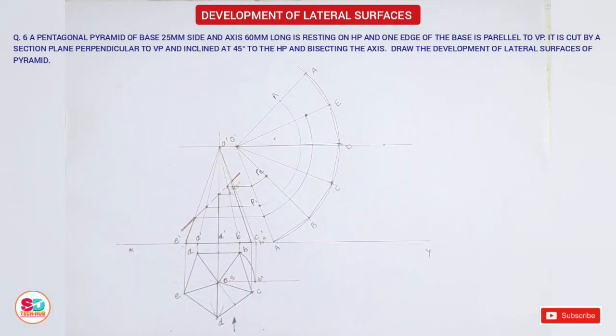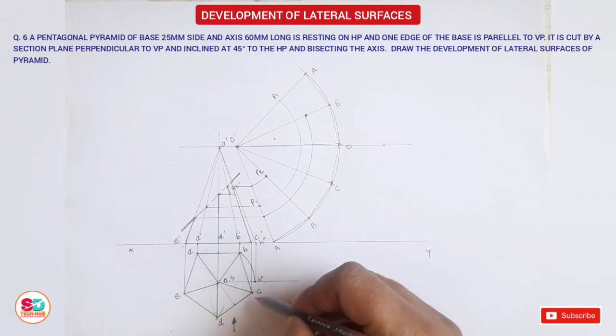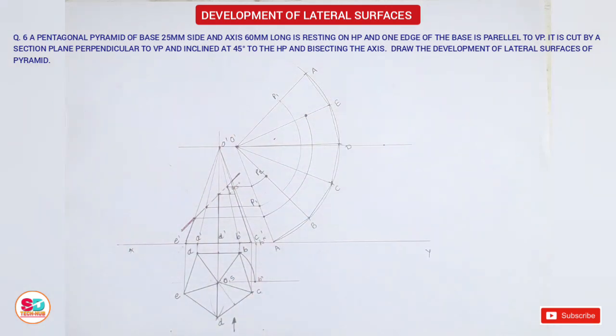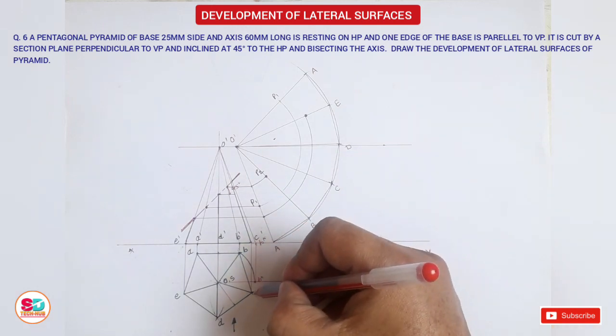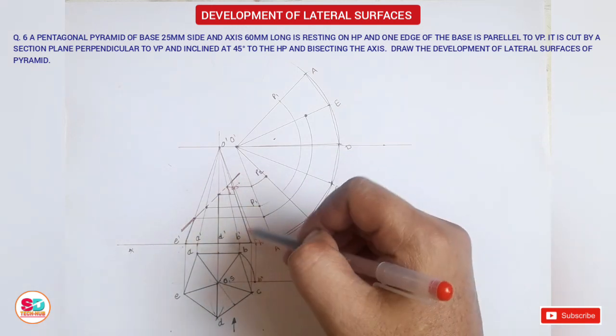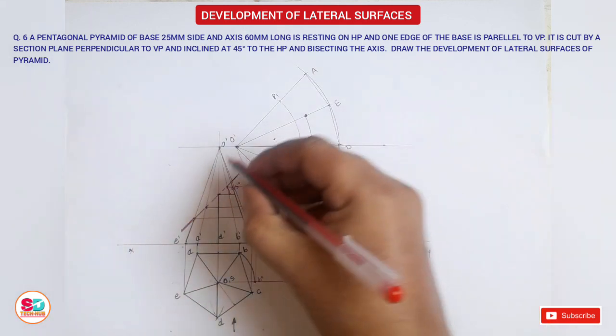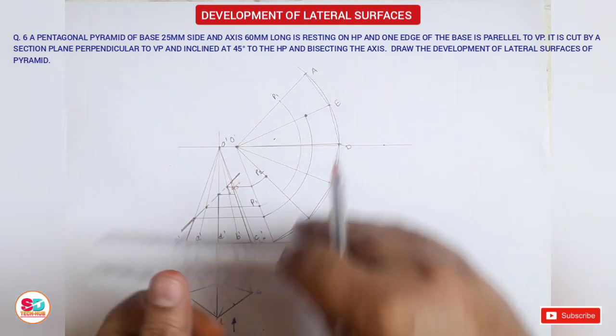Next is we have to transfer the C point now. So we have to find the position of the point of intersection of the section plane with the OC generator. So this will be the point of intersection here.